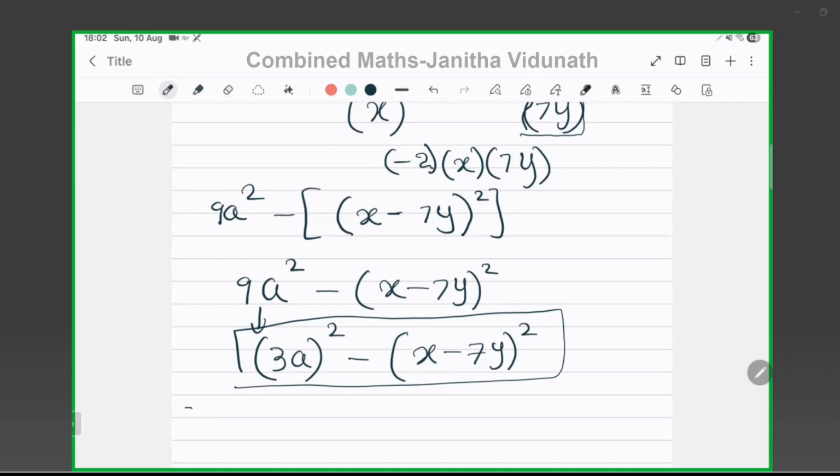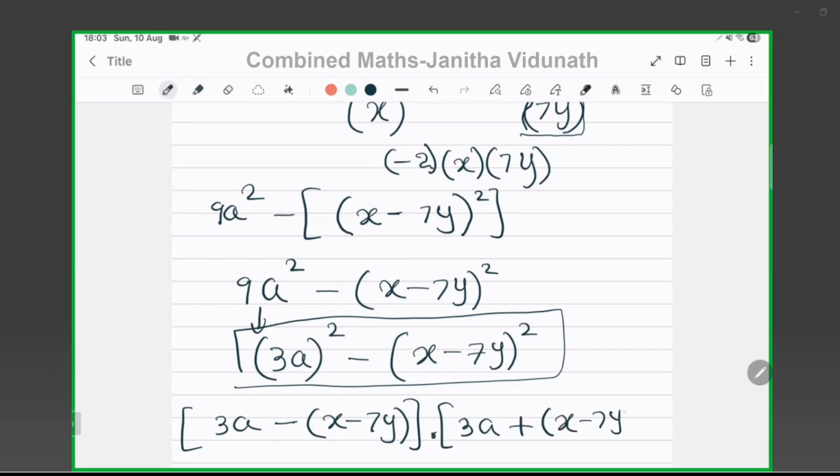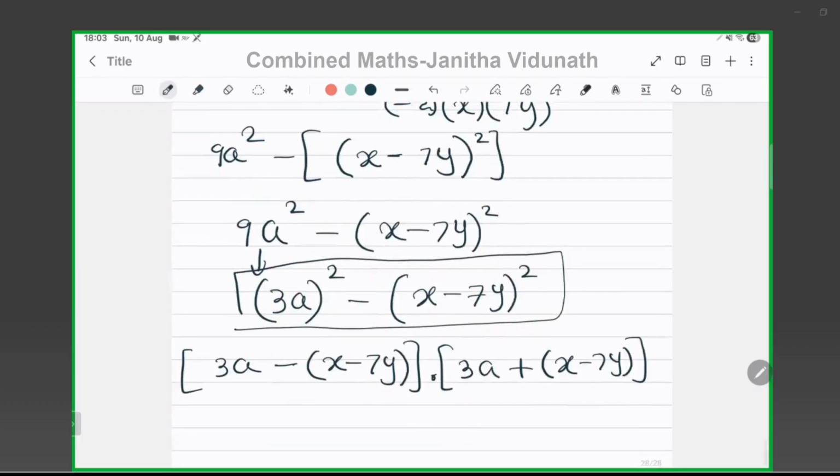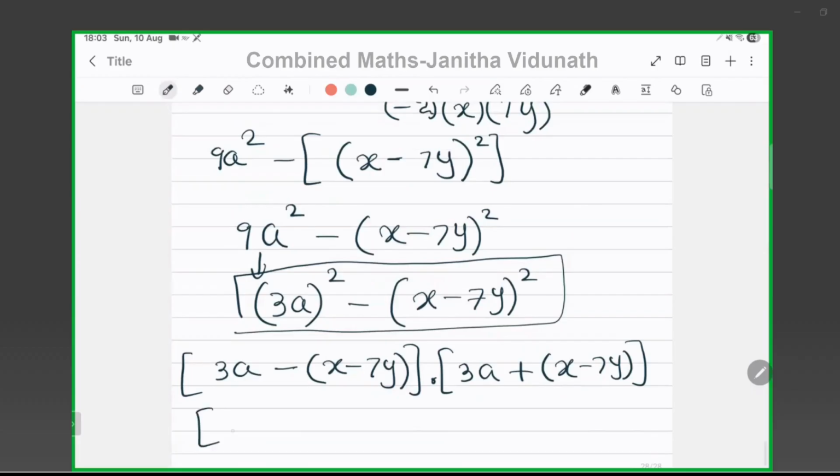Then we can factorize this as first term minus second term times first term plus second term. Then we can simplify this further as 3a minus x plus 7y times 3a plus x minus 7y.